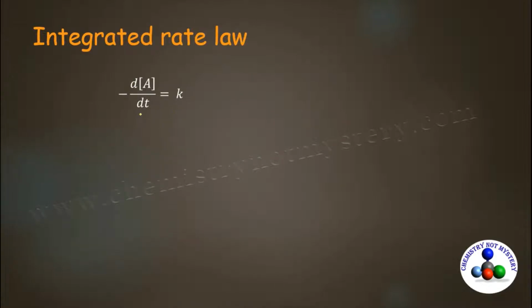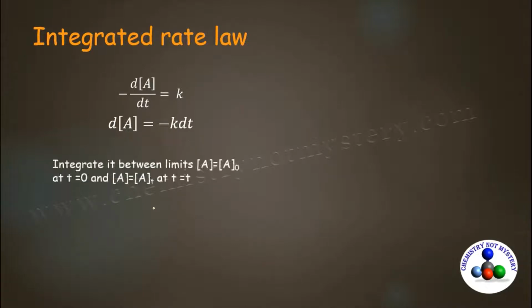Before integration, you have to rearrange the equation. So when you shift dt on the right side of the equation, you will get dA is equal to minus k dt. I have also moved this negative sign to the right side of the equation. Now integrate this differential rate law under the limits A0 to At and 0 to t. We have the formula integration of dx is equal to x.